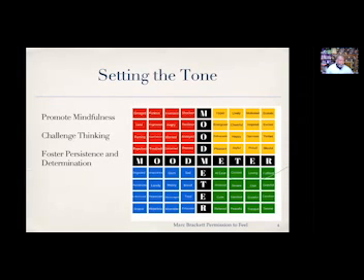The red being high energy and some frustration. Yellow is high energy but feeling good. Green is low energy but you feel good. Blue is low energy and you're not feeling so good.